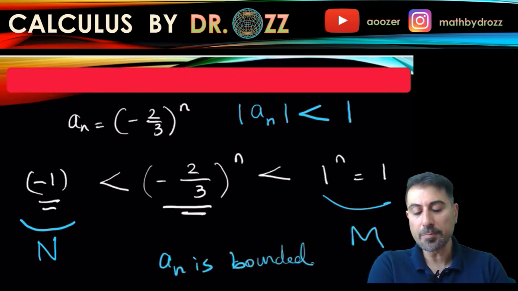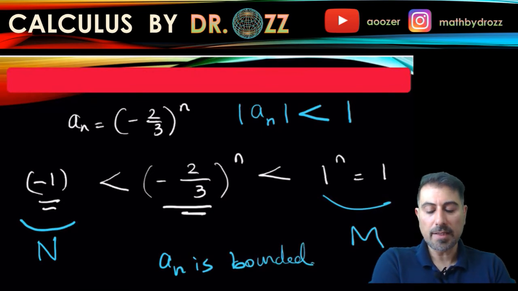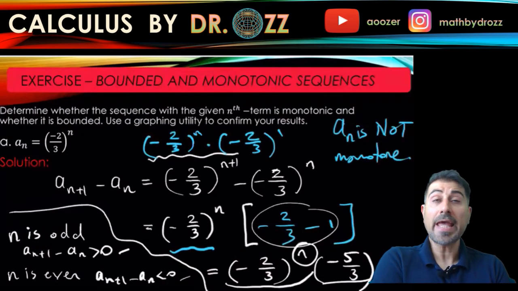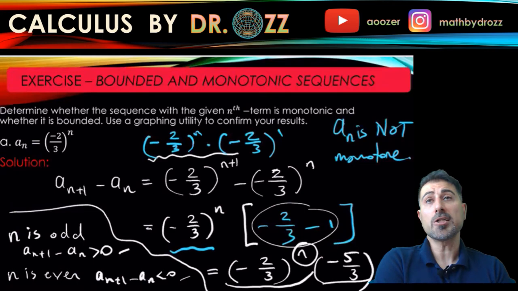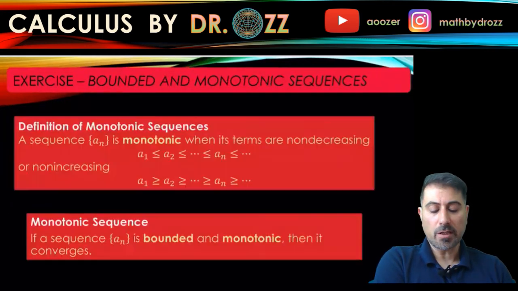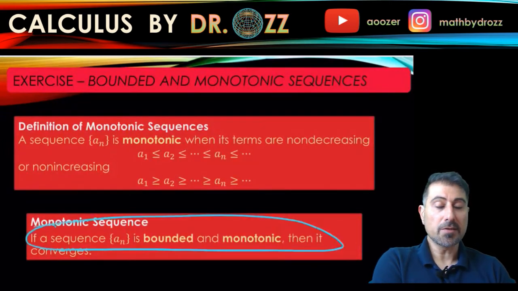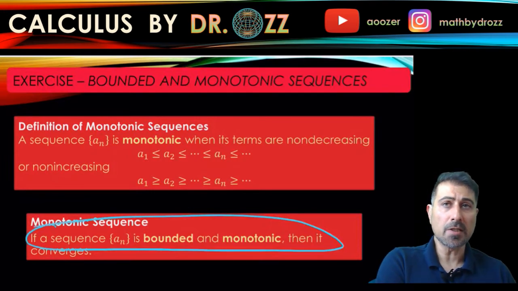So in this example, we don't have the monotonic behavior, but we have the boundedness behavior. And unfortunately, we can't use this theorem because this theorem is only valid when a_n is both bounded and monotonic.